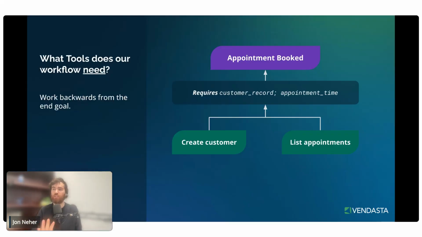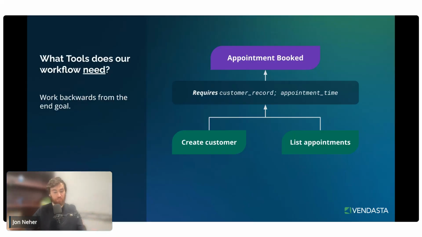And we're going to use list appointments to understand the different times that we can put in to book this appointment. All of this, this create customer idea, this list appointments idea, those are going to be listed for you in API documentation. It's going to say, here's the API to create a customer. Here's the API to list appointments.